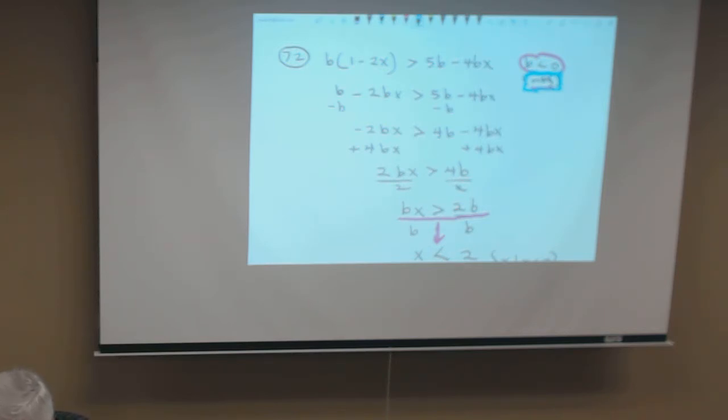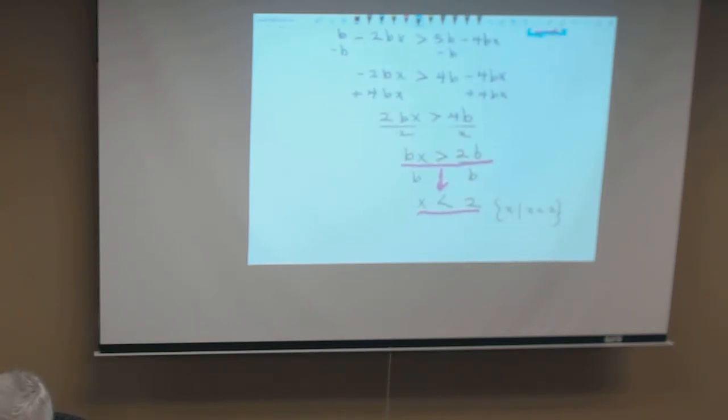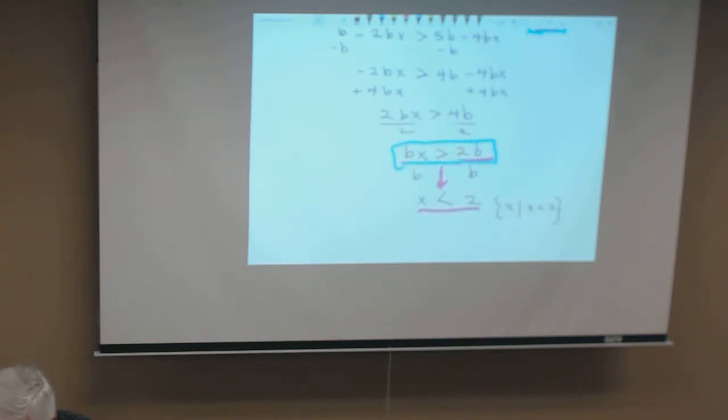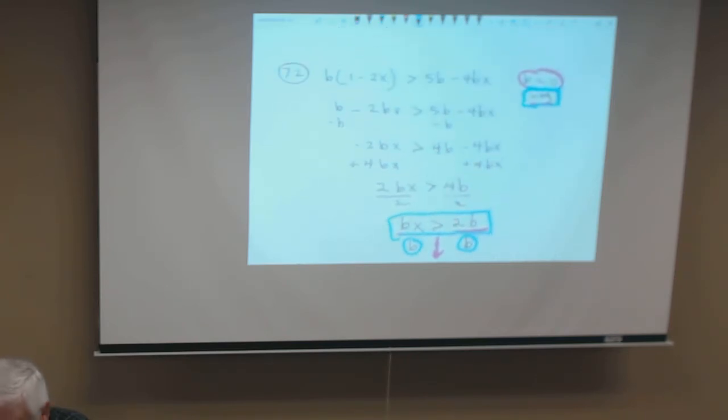and simplify, and then I finally get down here to, I have this right here. B times x is greater than 2b. Once I get through simplifying all this, I end up with this. But I divide by b and divide by b. And what did they tell me that b was?